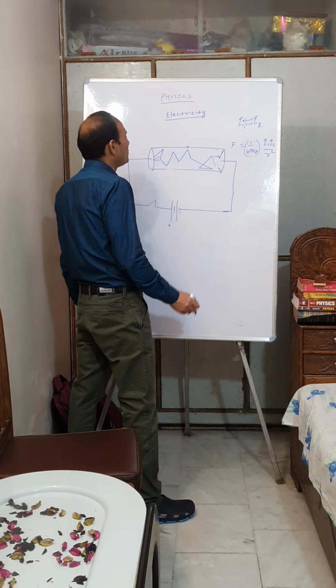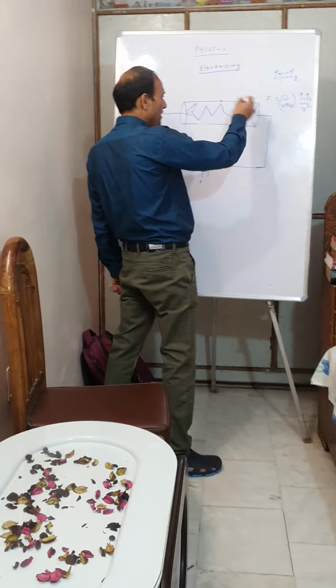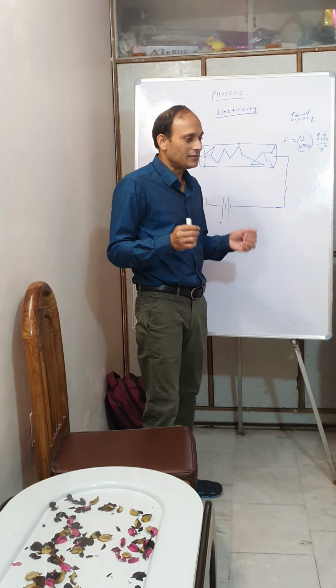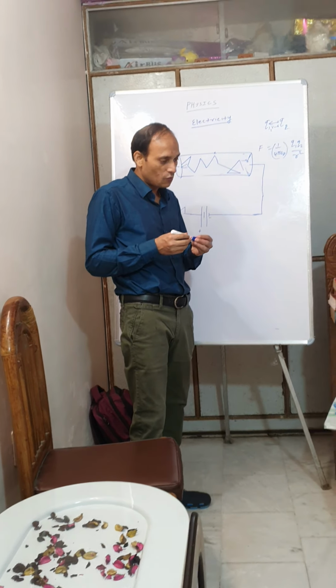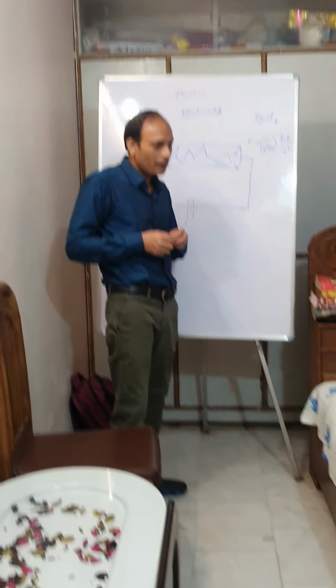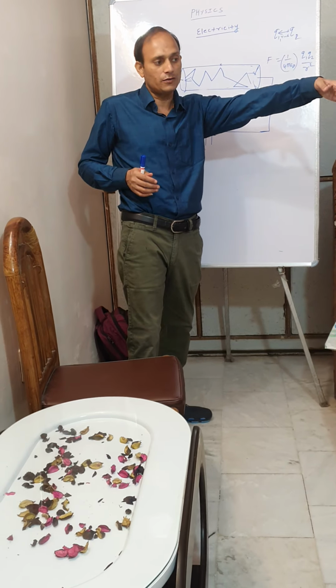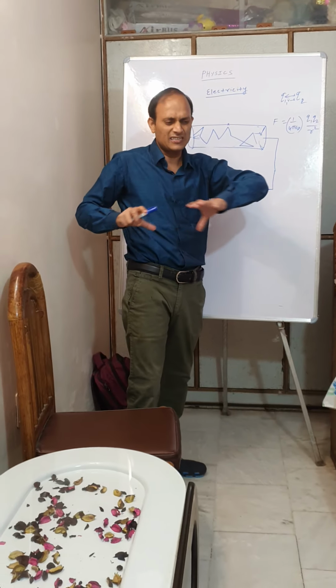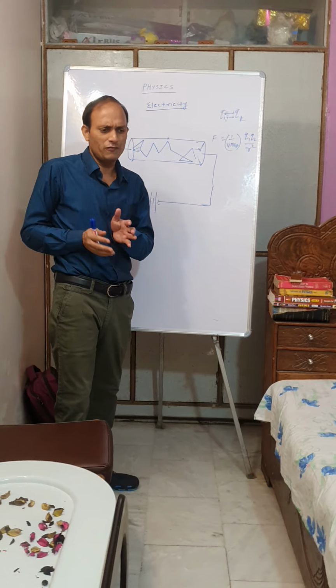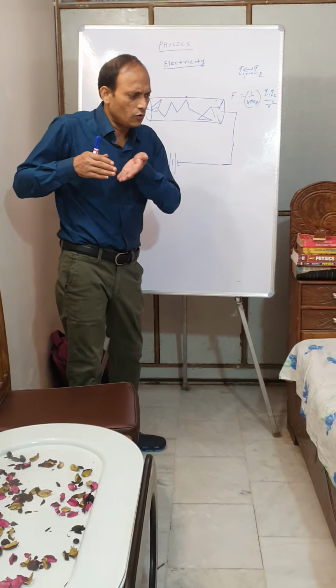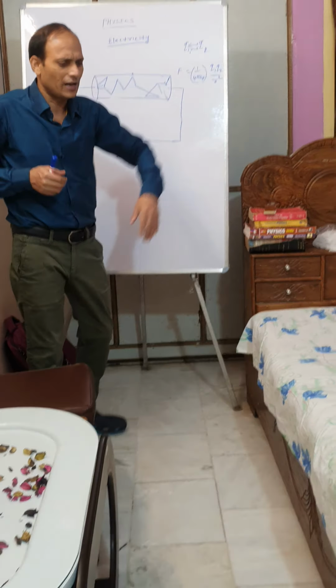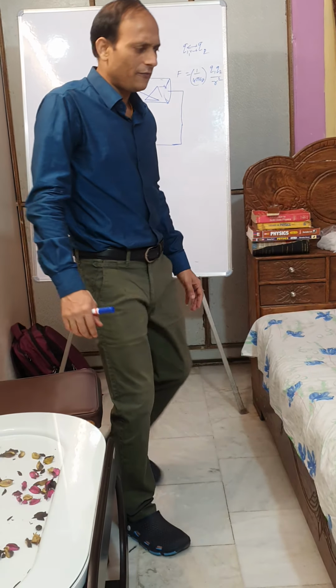Because of this character, whenever there is a collision, suppose you want to go to a fish market, and from one end of the market you have to travel to the other end. There is a large crowd in the market, so your path will not be a straight path. Sometimes you will go left, then you will go right.